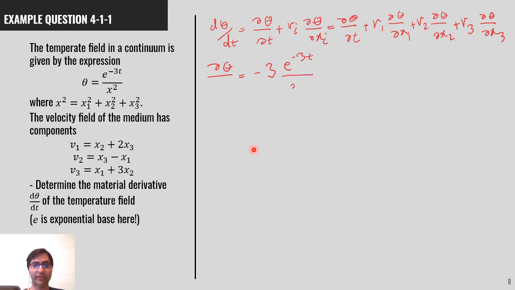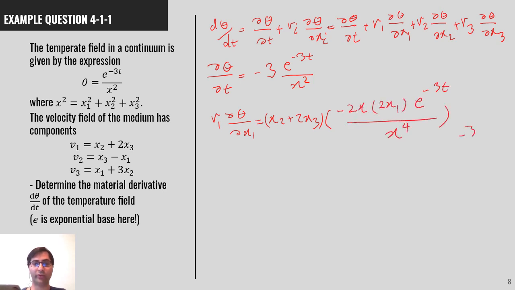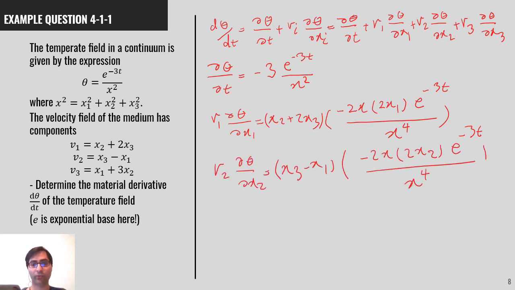So partial theta partial t becomes minus 3 e to the power of minus 3t divided by x squared. For v1 partial theta partial x1, we have x2 plus 2x3 multiplied by partial theta partial x1, which becomes minus 2x1 multiplied by e to the power of minus 3t divided by x to the power of 4.